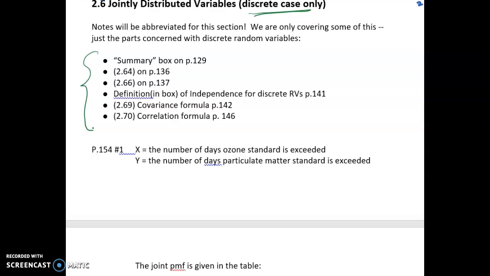I'm just going to explain something as I go. I think you're going to understand it. The example is pretty intuitive, and that's how I want it to be for you. We're going to go through this example, page 154, number 1. You might go read about it so you get your brain around the problem and get your notes done, and then come back and we'll look at this example together.